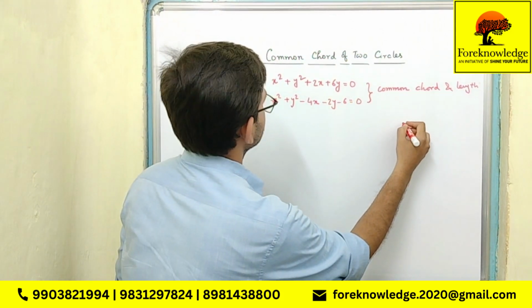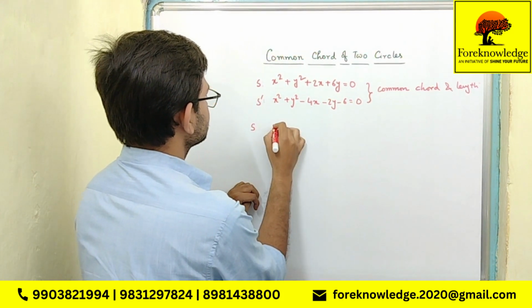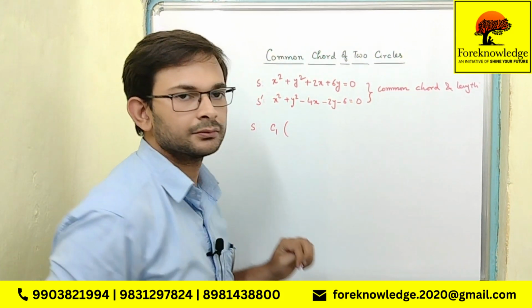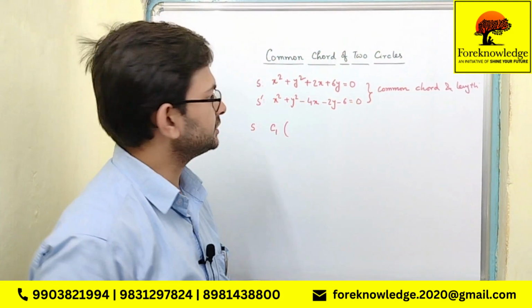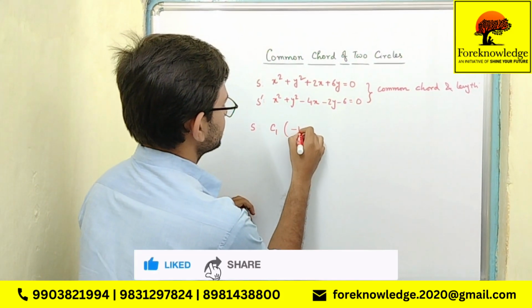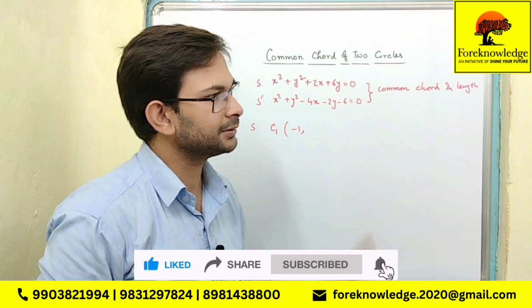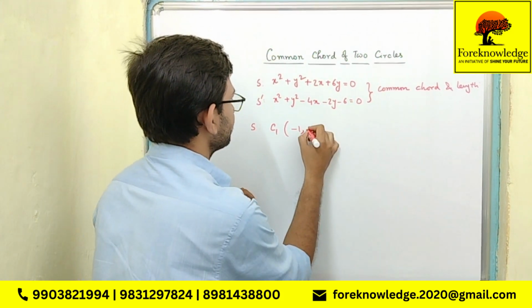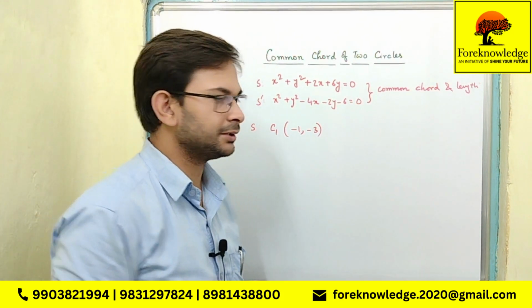Now, for S, what is the center? 2G is 2, so G is 1, and the center is minus G, that means minus 1. 2F is 6, so F is 3, so minus F is minus 3. This is the center for the first circle.